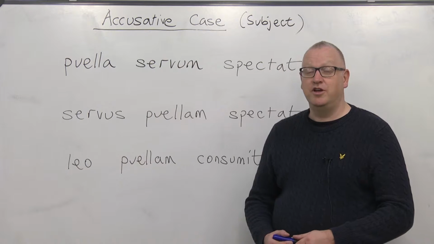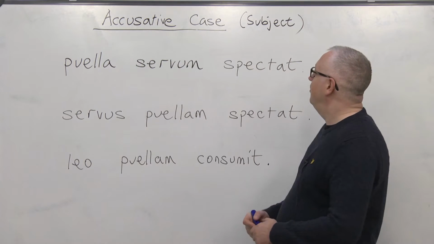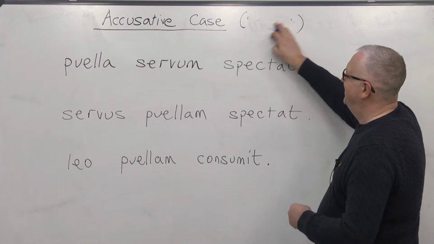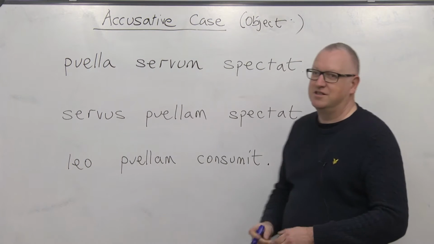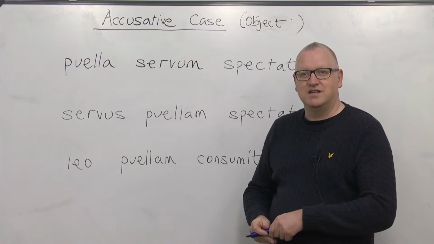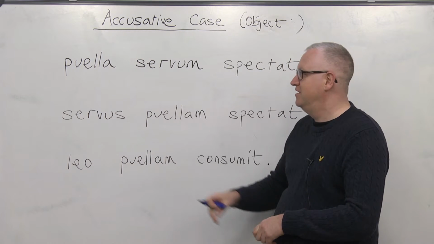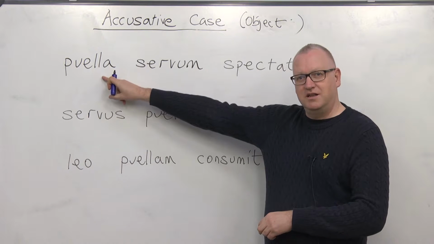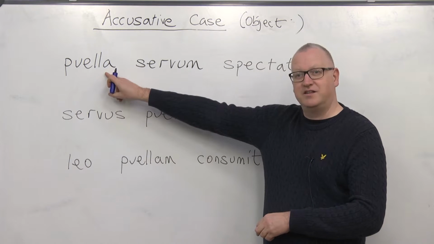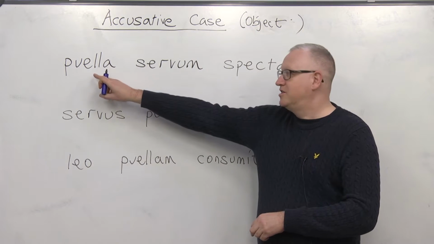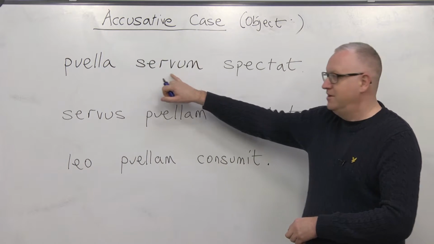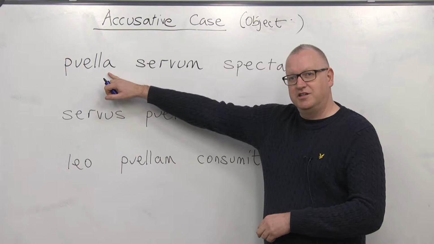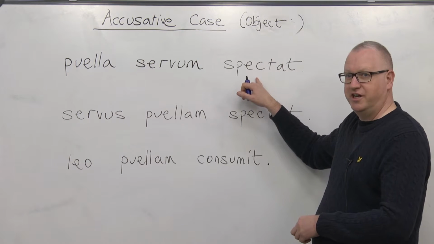So now we move on to the accusative case, which is not the subject, but the object of a sentence. In each one of these sentences, we've got a new object. The puella is still the subject, because if you remember, she ends in the letter A. But this time, the girl is watching the slave. Now, the girl is the subject. She's performing the action of watching.